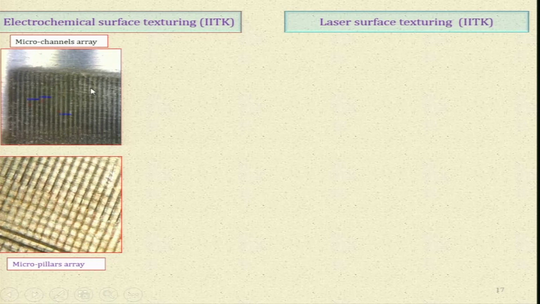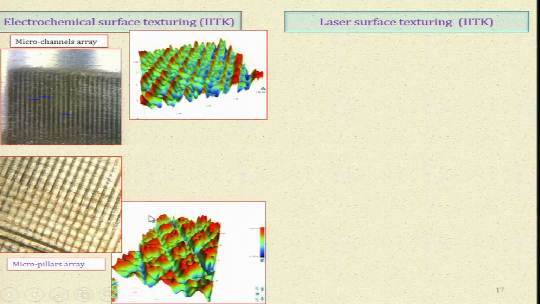Now, you take this part and then create the channel perpendicular to this direction, and then you will get the micropillars something like this, because this is the one-direction channel you have created here, and then in this particular direction another channel is created to form the micropillars. You can see here the clearly visible micropillars in this particular case, and these are the channels over here.